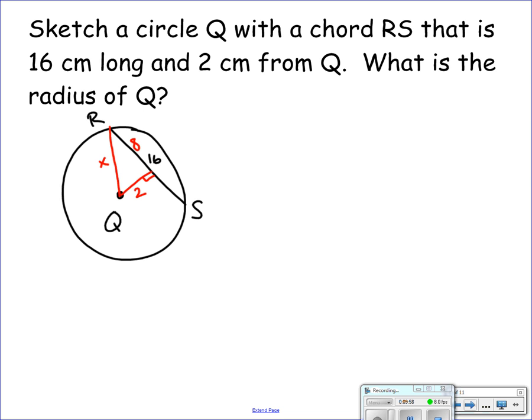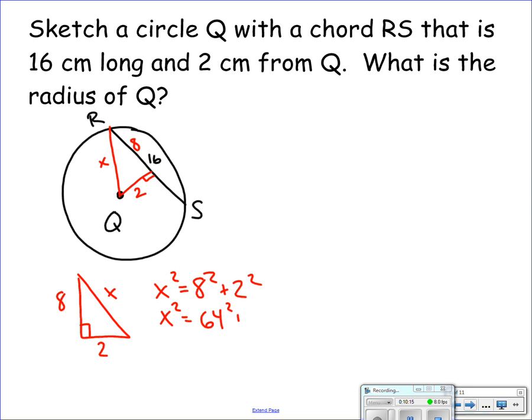So what do we have there? We have a right triangle where we're looking for the hypotenuse. One leg is 8, one leg is 2, so x squared is going to equal 8 squared plus 2 squared, 64 plus 4. x squared is going to equal 68, so x is going to equal the square root of 68.